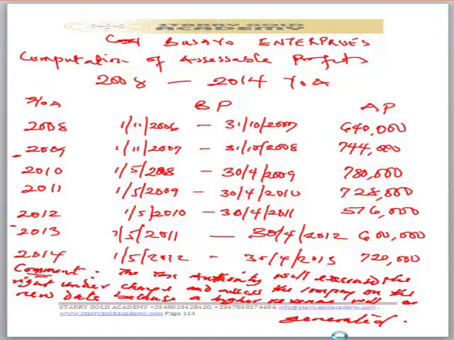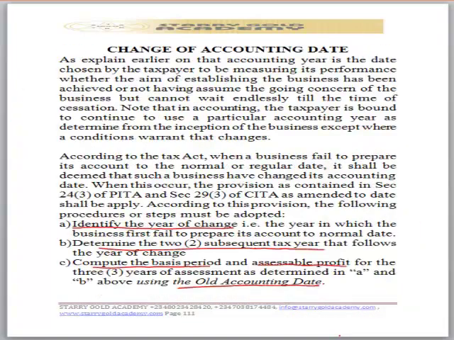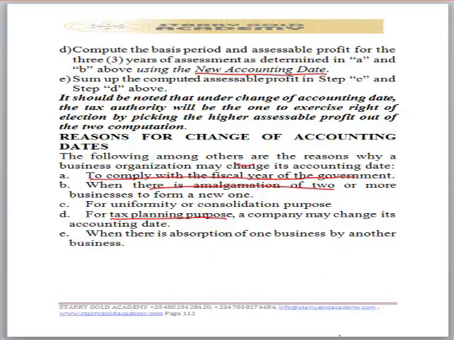So if you're going to deal with the change in accounting date, you still have to follow the principle. Once you identify the year of change, pick 2 subsequent years immediately after that, then compute the assessable profit using the old accounting date, and compute the assessable profit using the new accounting dates too for all the 3 years identified.